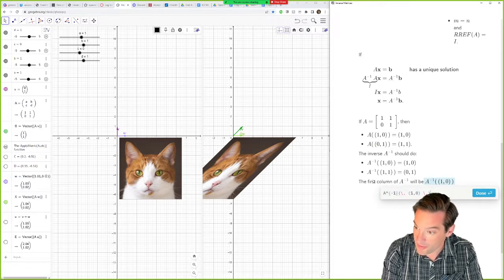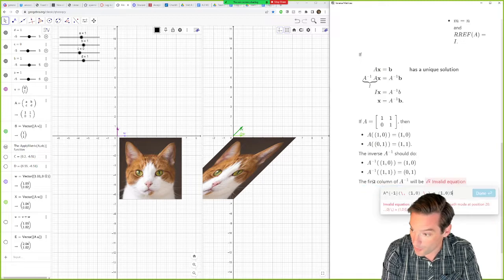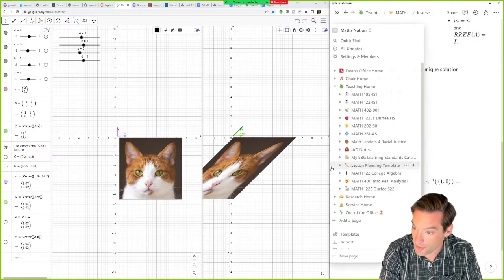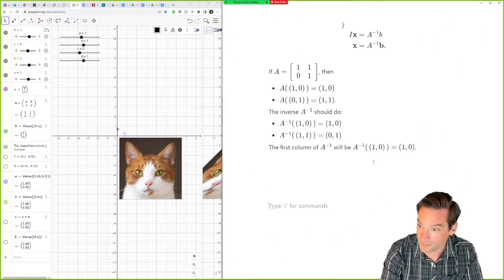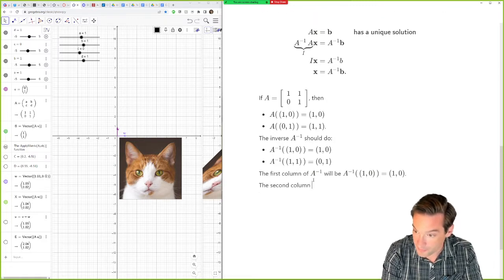But A inverse applied to that first standard basis vector is just 1, 0, according to the work that we have above here. So the first column of my standard matrix for the inverse is just going to be 1, 0. Let me make this a little bit bigger here. Now how about that second column? The second column will be A inverse applied to 0, 1.